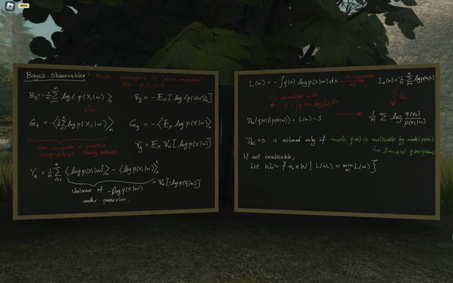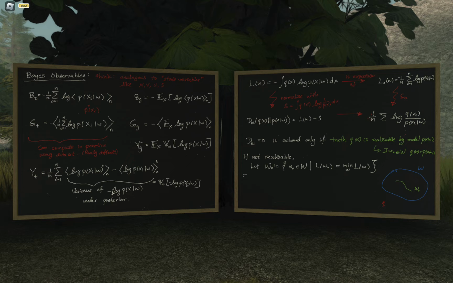Right. So in the parameter space W, with optimum W0, Q could be outside of W.